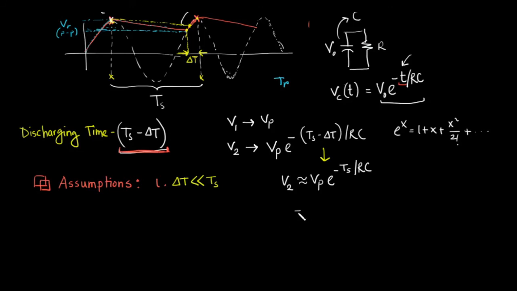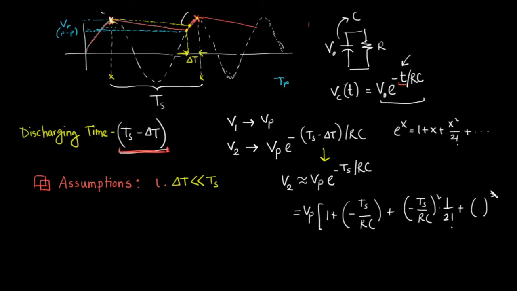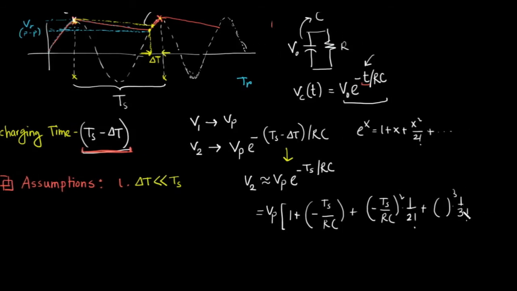We can write this as Vp times 1 plus minus Ts by RC, plus minus Ts by RC square by 2 factorial, plus minus Ts by RC cube by 3 factorial, and so on.